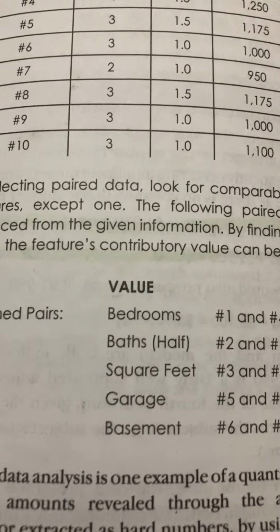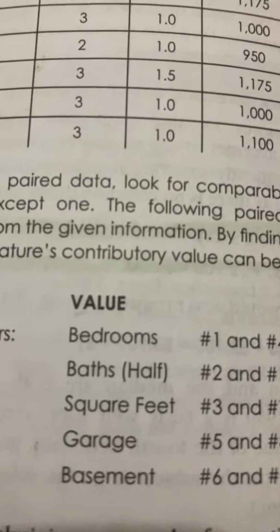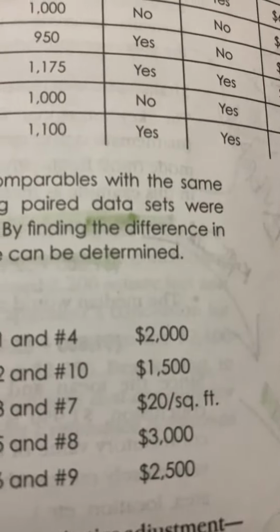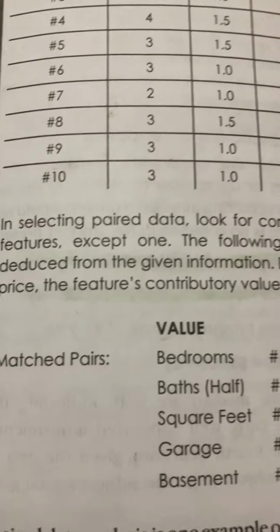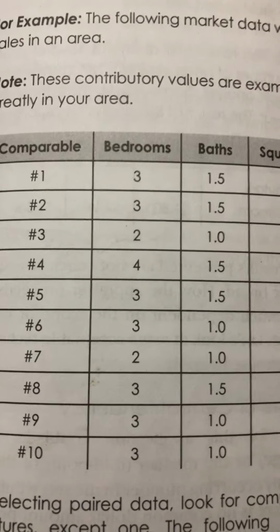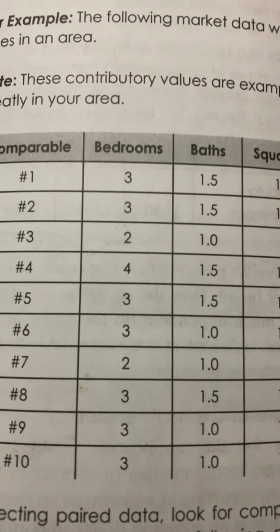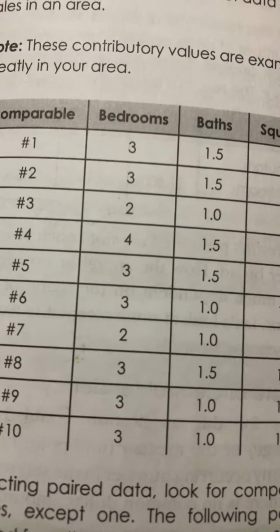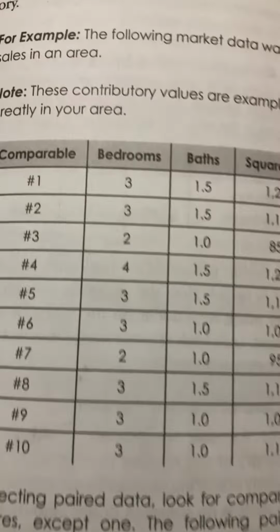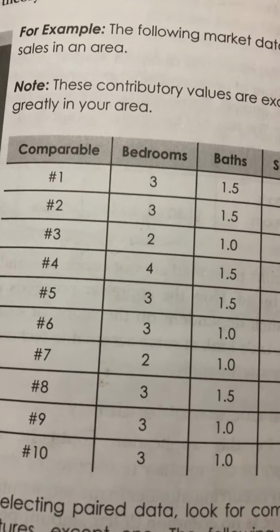Matched pairs, value, and it goes down. You got bedrooms, number 1 and number 4. For comp 1 and comp 4, so we're looking at comp 1, bedrooms has 3, comp 4 has 4 bedrooms, okay? And then you have $2,000 after that, comp 1 and comp 4.